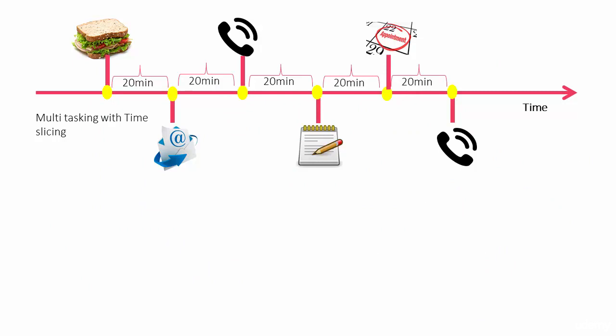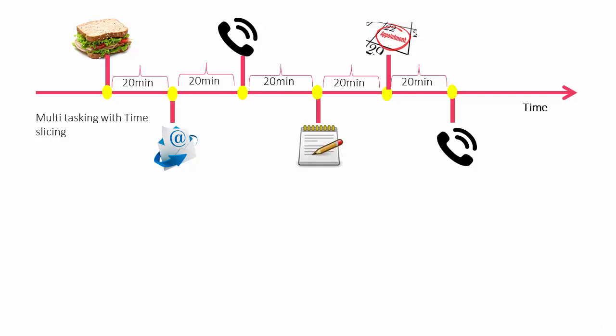You have got 24 hours and you try to accomplish various tasks, like eating your breakfast, replying to your emails, taking the phone call, taking notes, attending appointments, sleeping, etc. So your day consists of various tasks and you try to accomplish as much as possible to keep your day more productive. So how do you accomplish all these tasks?